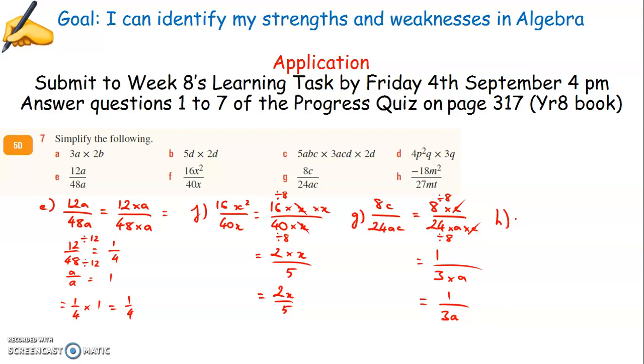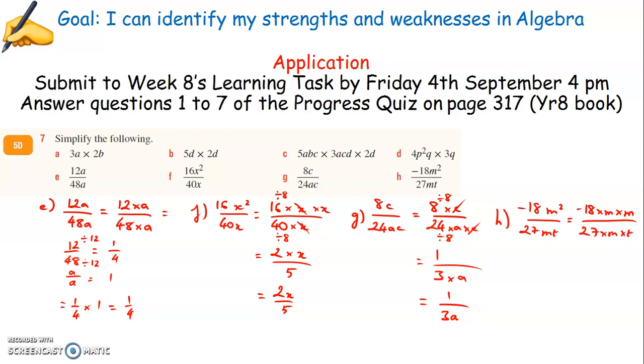And finally, we have h. Negative 18m squared over 27mt. So this is the same as negative 18 times m times m over 27 times m times t.